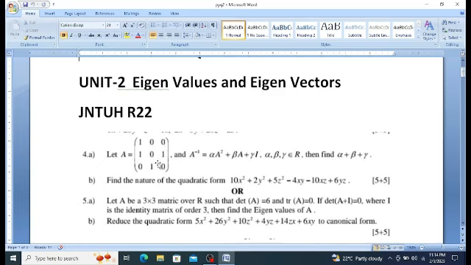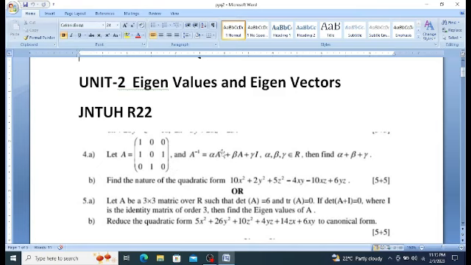From that, A inverse is equal to some expression you get. From that, take the A inverse outside and substitute the matrices of A square, A and I. To get the A square, multiply A by A, and you get the A square. Substitute those matrices and you will get the A inverse.